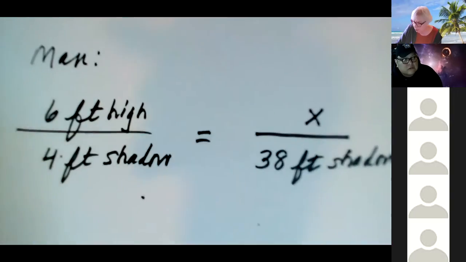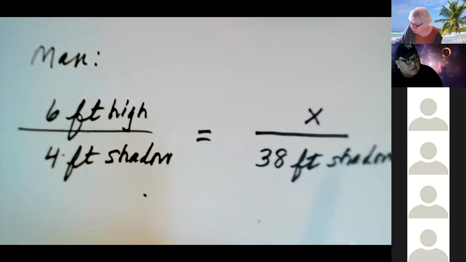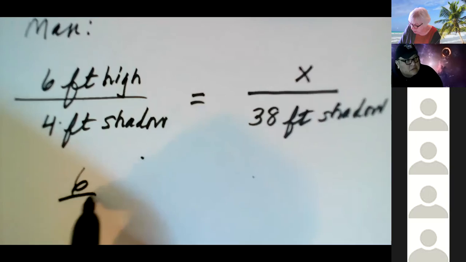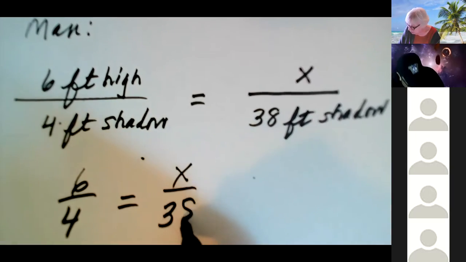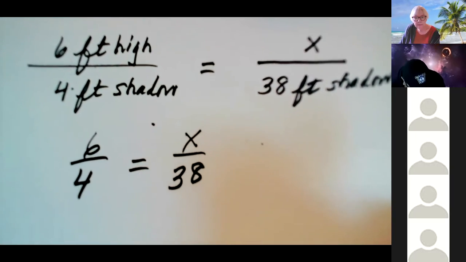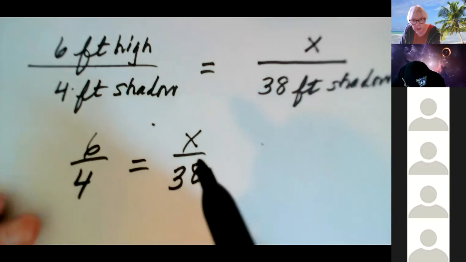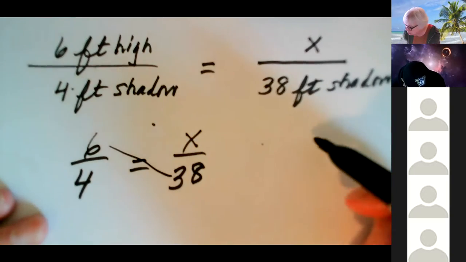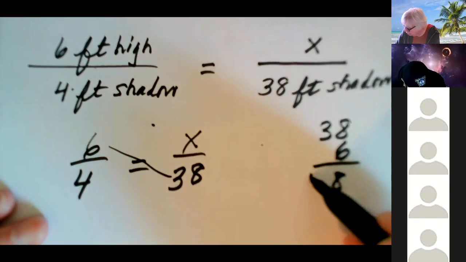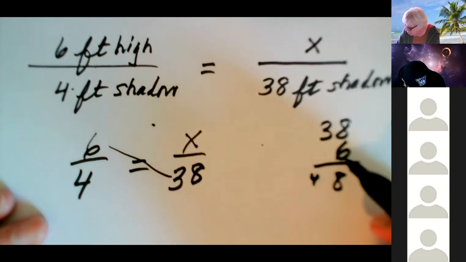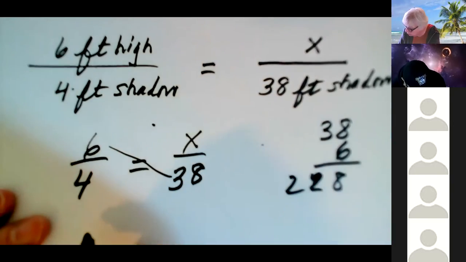Ready? Okay, so 6 is to 4 as x is to 38. Okay, so I just made it so we're just in numbers. So 6 times 38, 48, carry a 4, 16, I'm sorry, 18, 22.